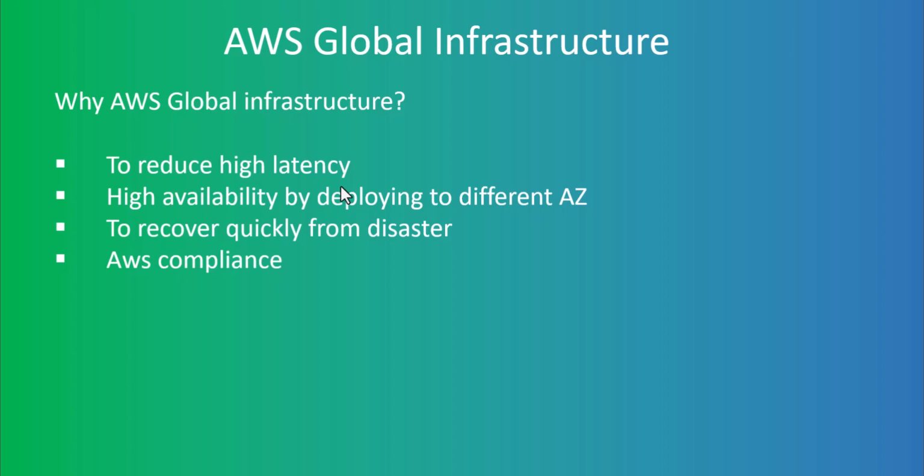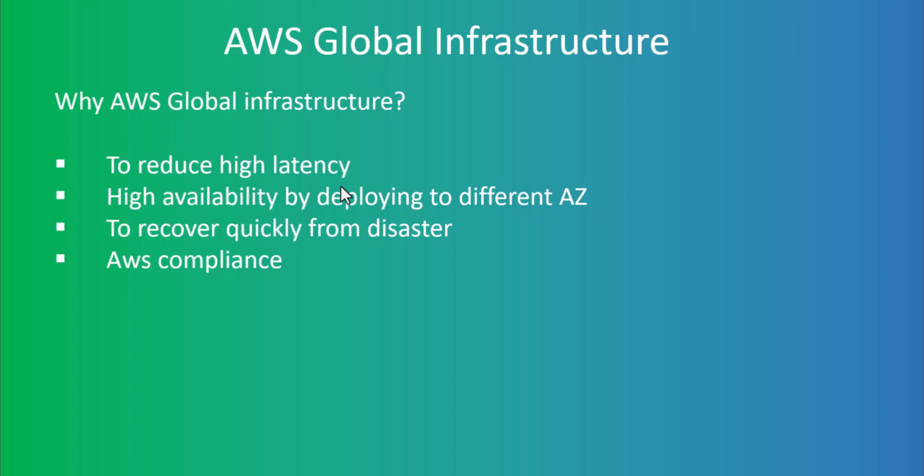If you deploy your application on different availability zones, when one availability zone is down, your traffic can be redirected to the second one, making your application highly available.